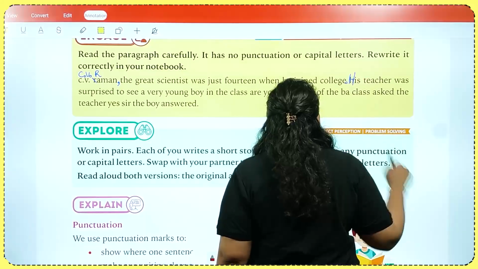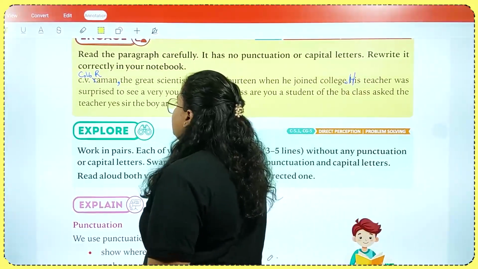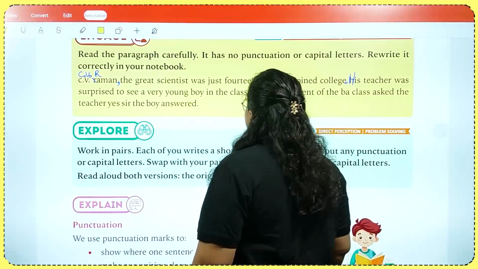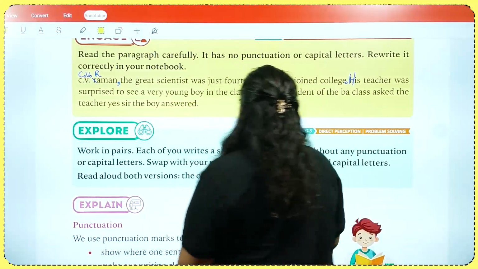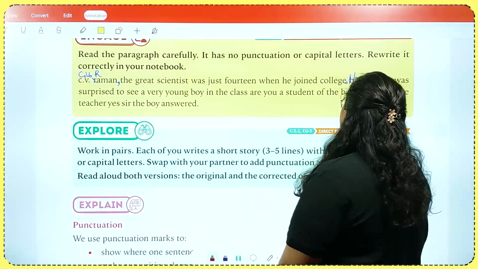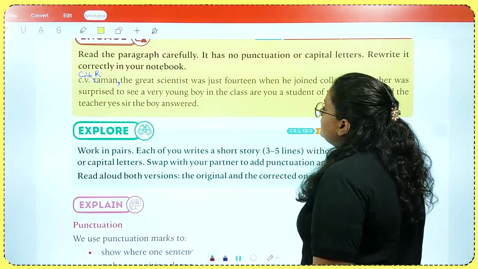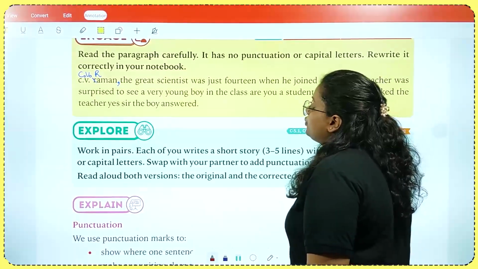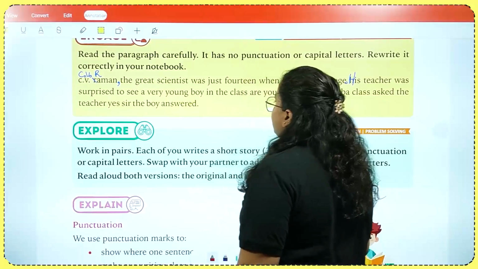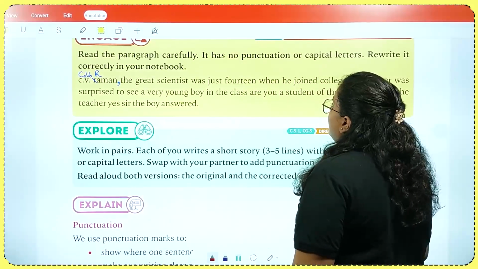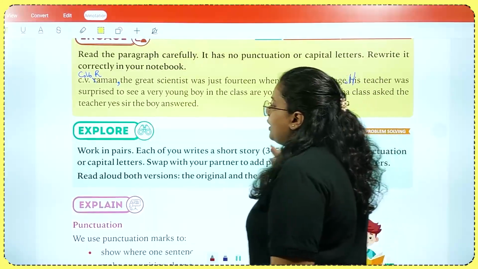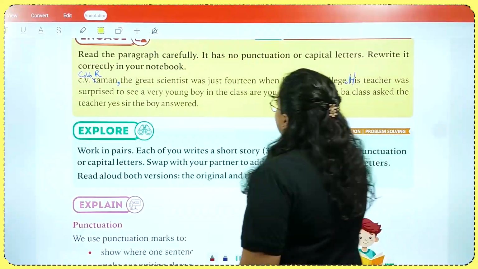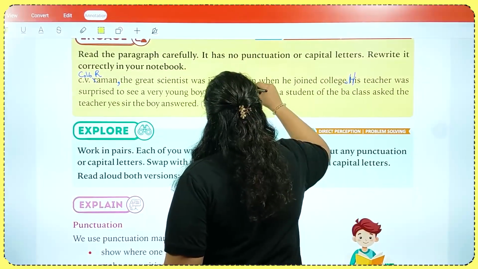Next letter, capital. His teacher was surprised to see a very young boy in the class. Are you a student of the BA class? Asked the teacher. Yes, sir, the boy answered. So here we have to see how we can separate these sentences. Surprised to see a very young boy in the class, and here there will be a full stop.